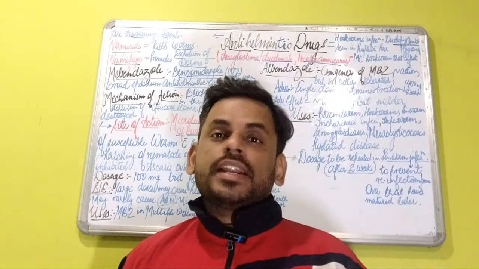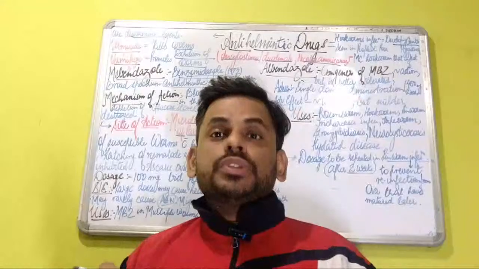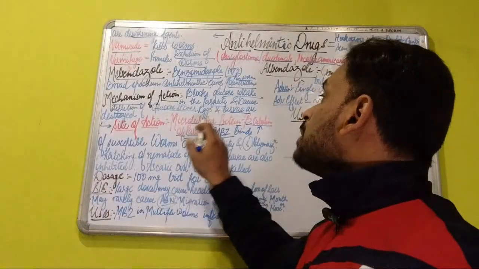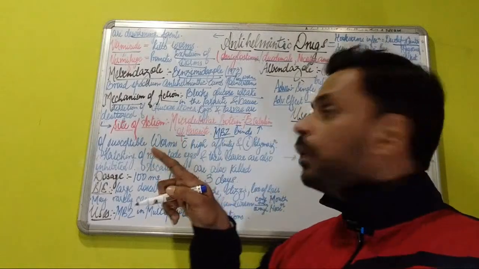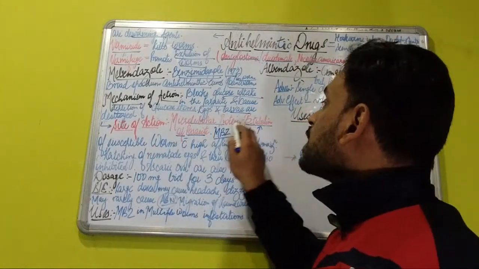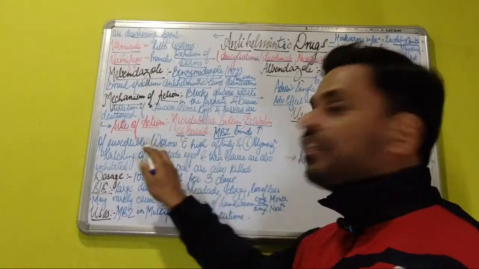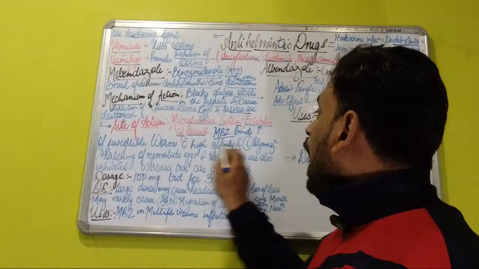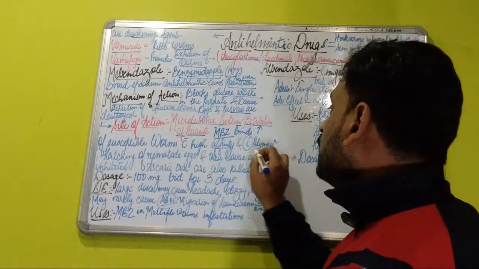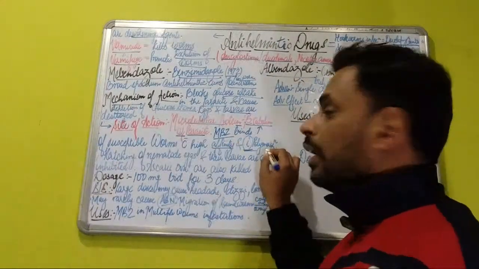It has so many various functions. The structural strength of the parasite is given by this microtubular beta tubulin protein, and mebendazole is going to bind to this beta tubulin protein of the susceptible worms with high affinity, and ultimately they are going to inhibit the polymerization.